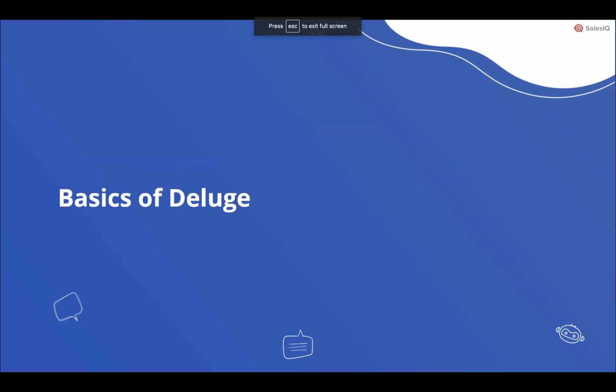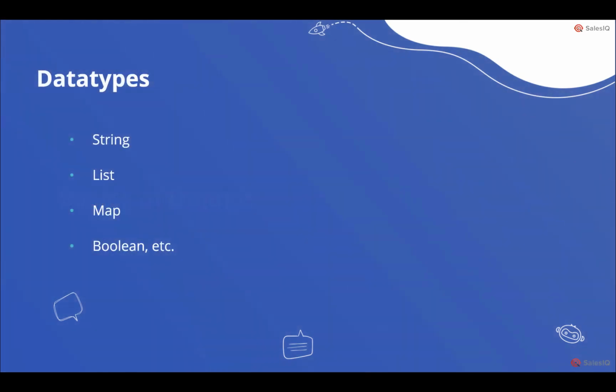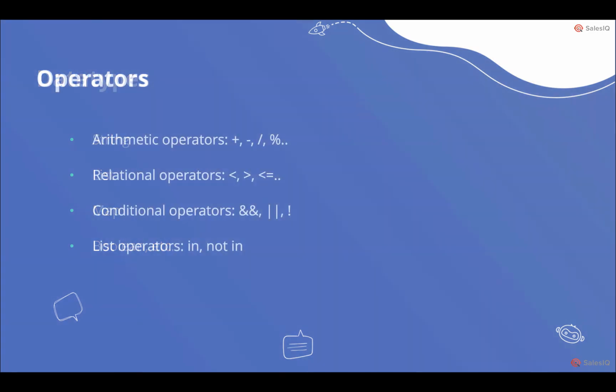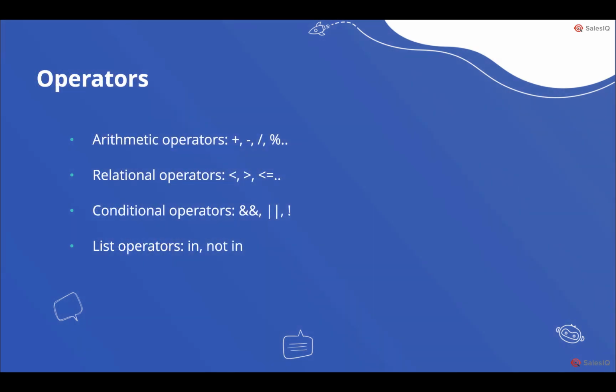So let me quickly brief you on the basics of the Deluge platform. So like any other language, Deluge also has data types like string, list, map, boolean, etc. So you will be seeing more of these while we structure the scripts during the later parts of the webinar. And you have operators. So we have arithmetic operators, relational, conditional, and you also have list operators to tell if elements are in or not in.